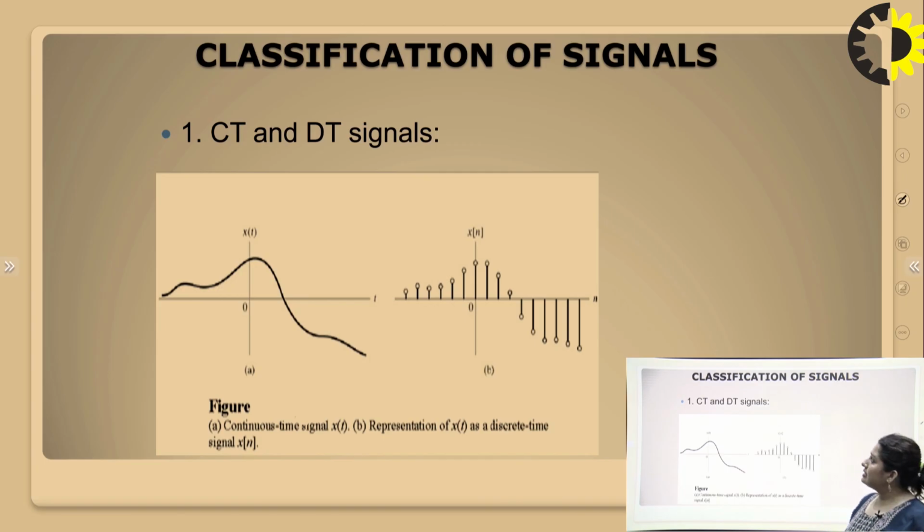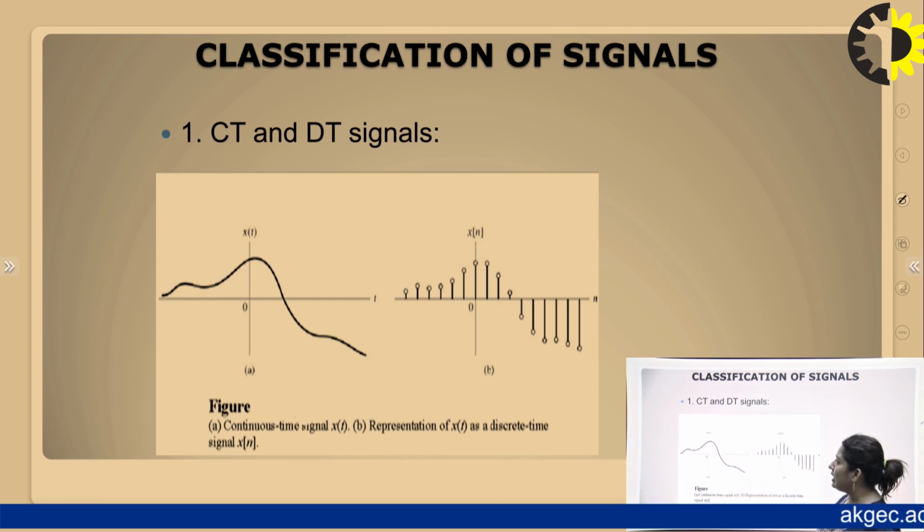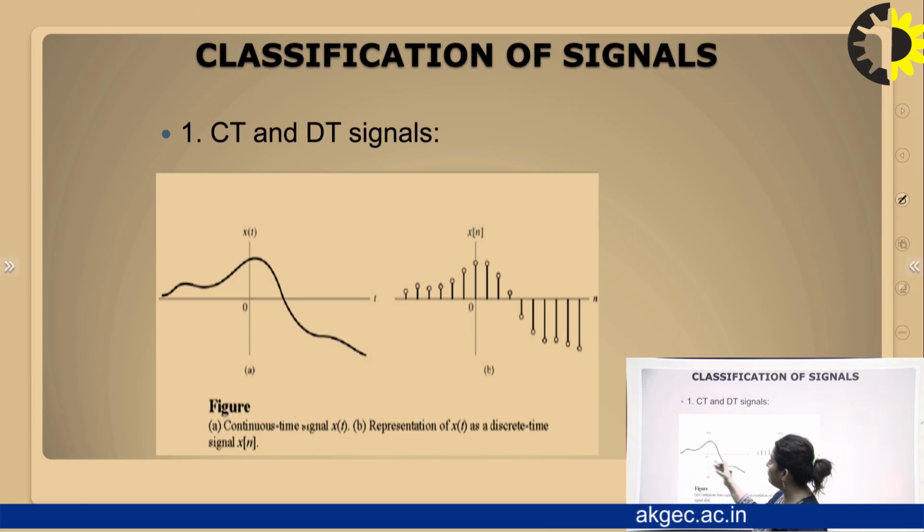So now we will discuss classification of signals. In the classification of signals, we have two types. First one is the continuous time signals and the second one is the discrete time signals. You can see from the first figure that it is a continuum, taking all the values of the time period. So here the amplitudes vary and it is taking all the values of the time period, every value from integer to fractional and all.